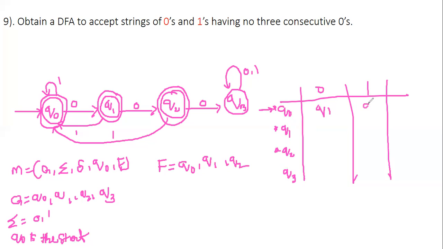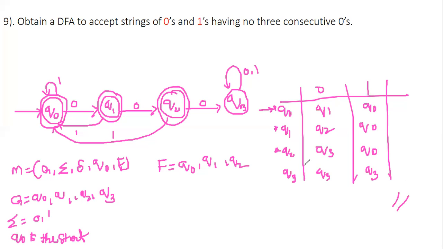On receiving 1, it remains in Q0 itself. Q1 on receiving 0 goes to Q2. On receiving 1, it goes to Q0. Then Q2 on receiving 0 goes to Q3. And if it receives 1, it goes back to Q0. Then Q3: on receiving 0 and 1, it remains in Q3 itself. So this is the transition table for this particular example.